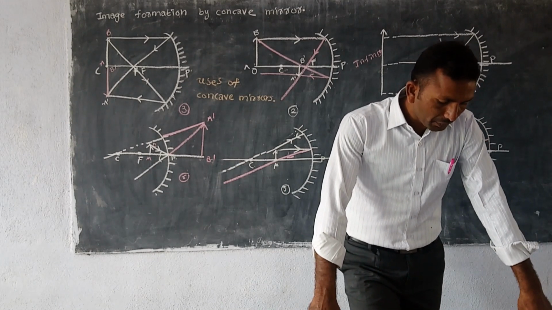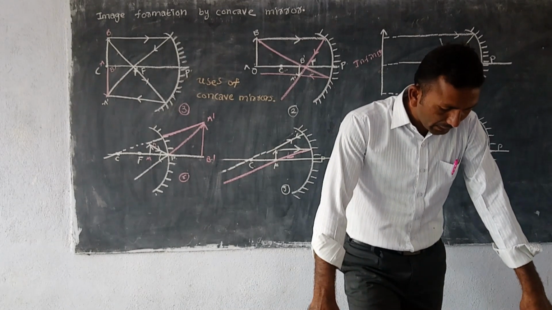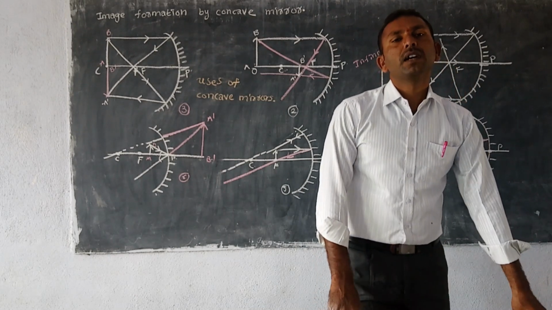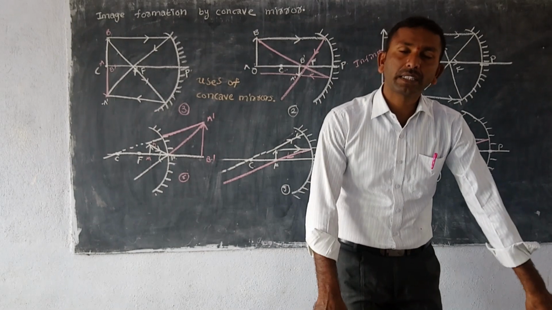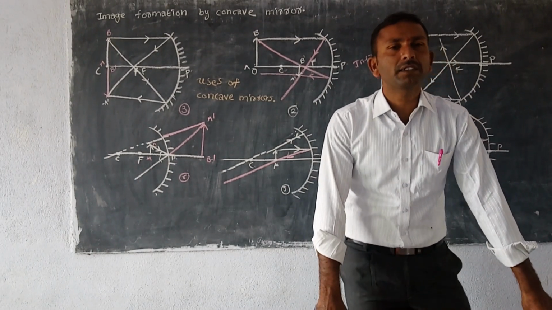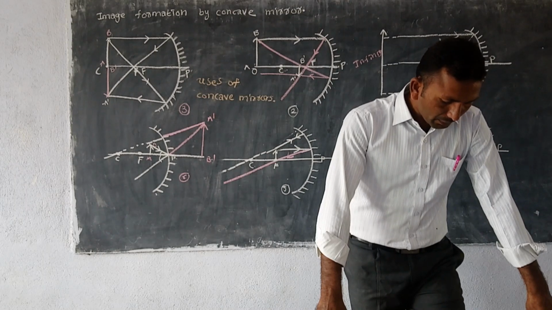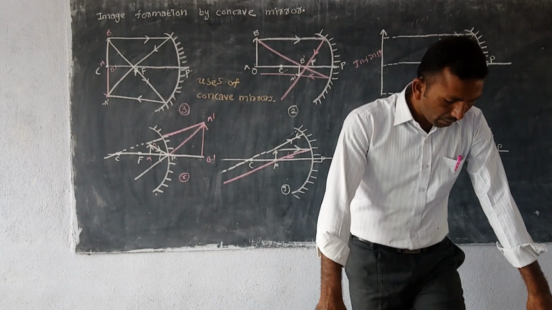They are often used as shaving mirrors to see a larger image of the face. Which type of mirrors? Shaving mirrors, to see our face bigger. Dentists use concave mirrors to see a large image of the teeth of patients.